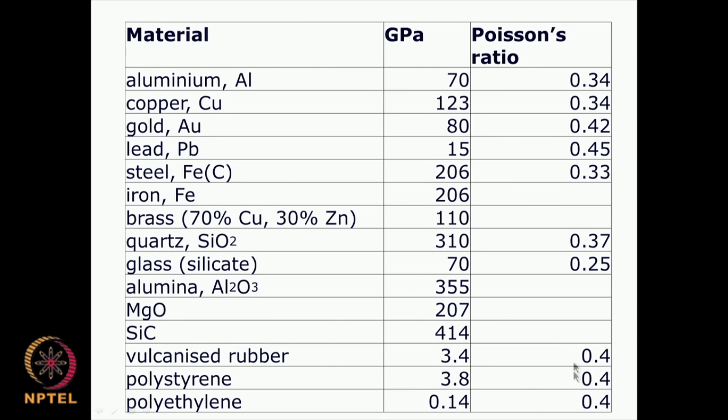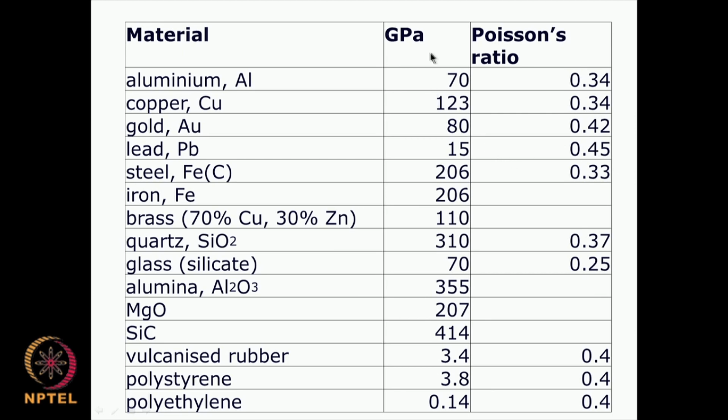As you can see, for many rubbers it is 0.4, that means the ratio of strains is almost half. If you go to steel, Poisson's ratio is about 0.33, aluminum is 0.34. So for many metals we are talking in terms of 0.3 to 0.4.